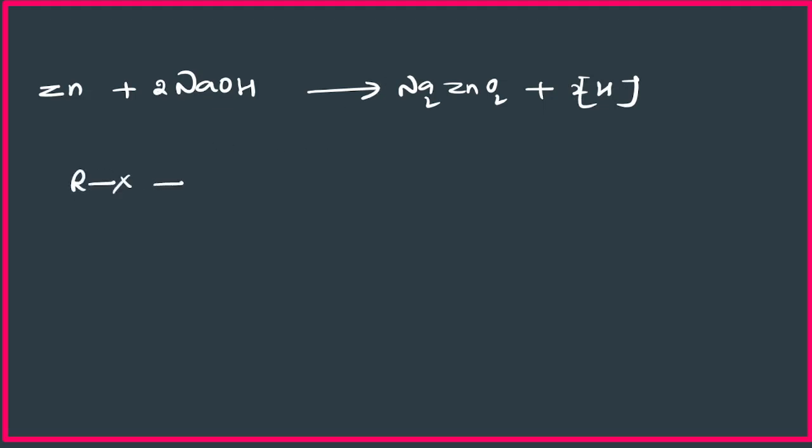Again, alkyl halide with nascent hydrogen, which is very reactive, becomes RH and HX. This is the mechanism of zinc in HCl and zinc in sodium hydroxide.